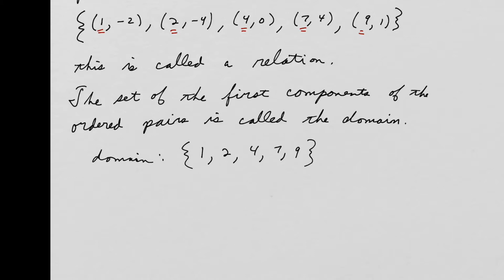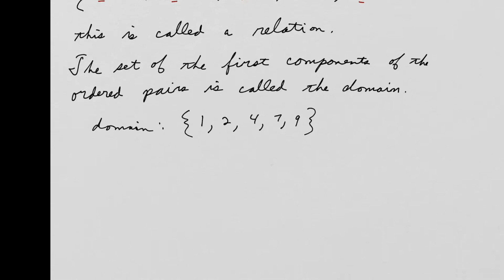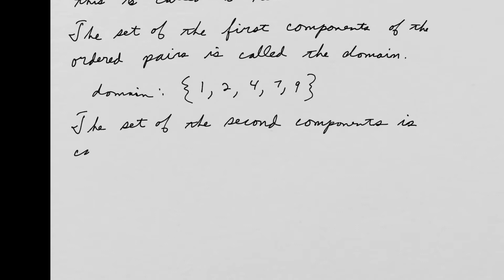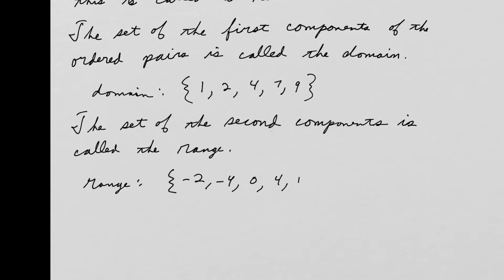And then the set of the second components is called the range. So in this case, the range would be the set -2, -4, 0, 4, and 1.